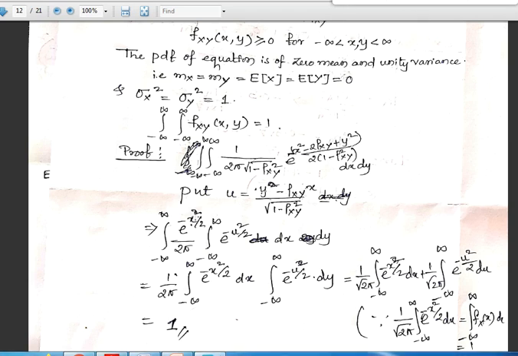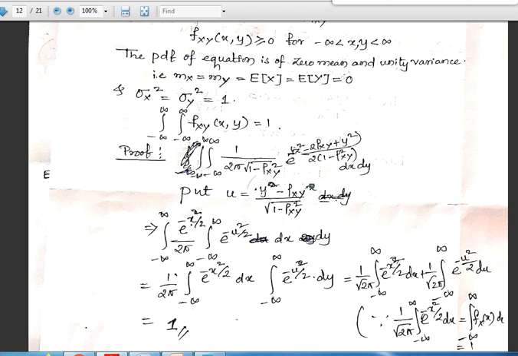So this becomes e raised to minus x² divided by 2, and the next remaining part is the integration from minus infinity to plus infinity, where we are taking u equal to (y − ρx) divided by the root of 1 − ρ_XY².